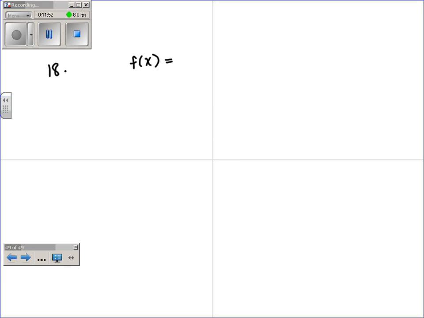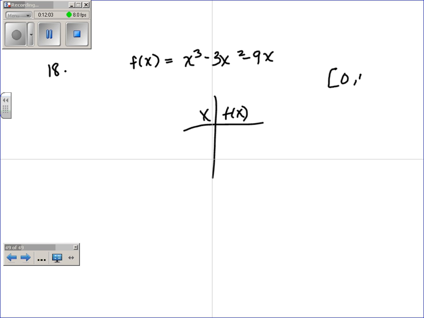Anytime we have absolute, we need to do the closed interval test. So x, f of x, we're on the interval from 0 to 6. So plug in 0, you get 0. Plug in 6, and I do believe you get 54, and then you need critical numbers. So 3x squared minus 6x minus 9. Factor out a 3, you're left with x squared minus 2x minus 3.